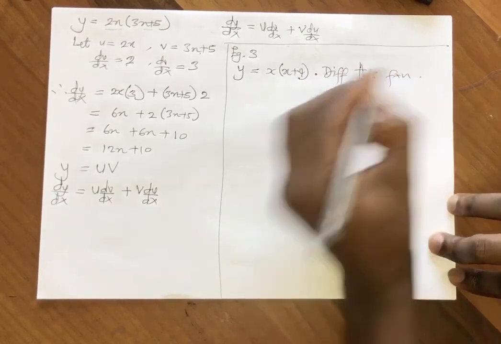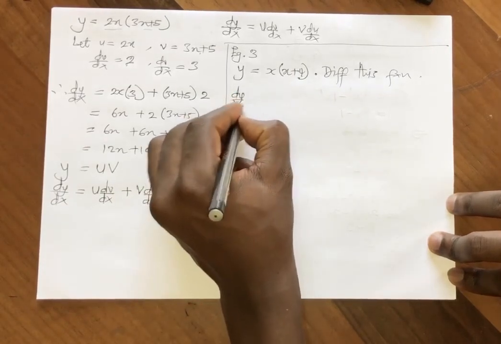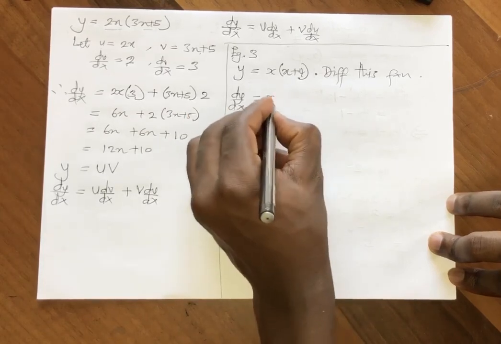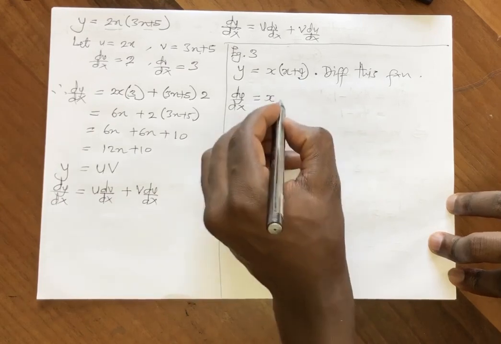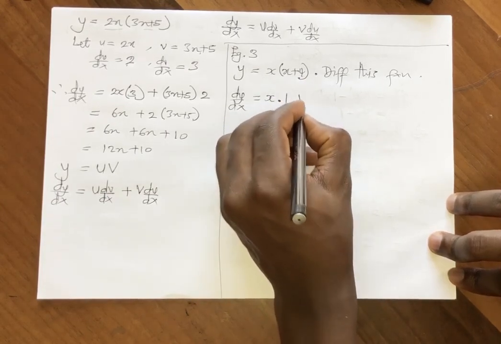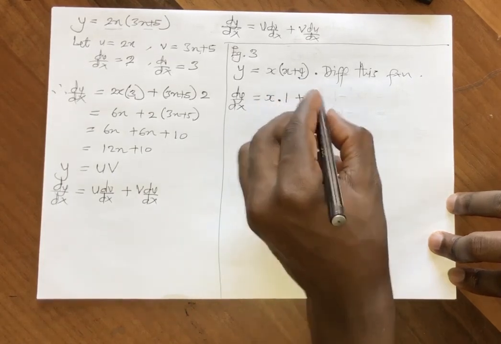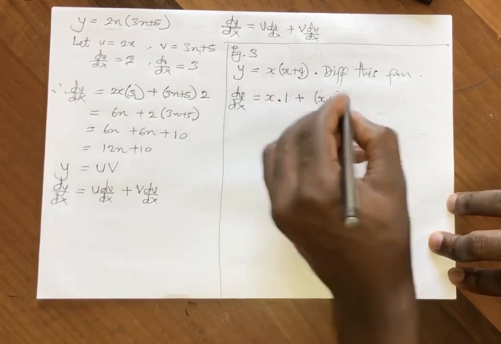So, like I said, dy/dx is equal to: maintain the first function, so we will maintain x. Then we will differentiate the second function. When you differentiate the second function, you get 1. Plus, now maintain the second function and then differentiate the first function.